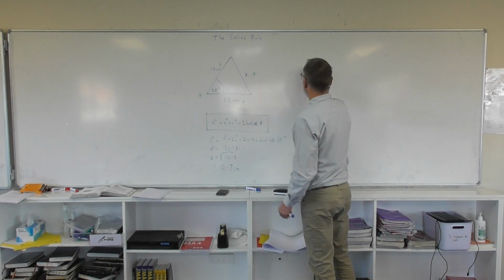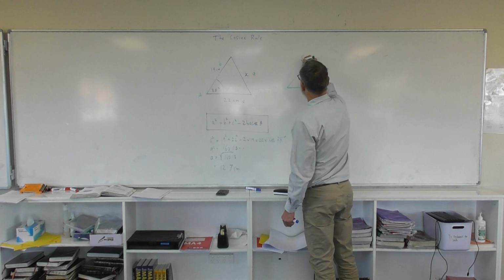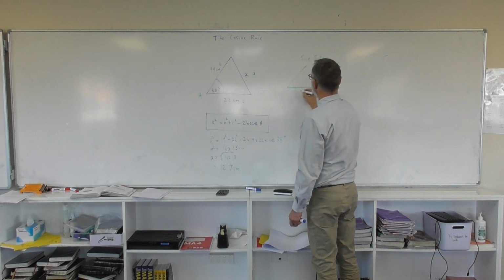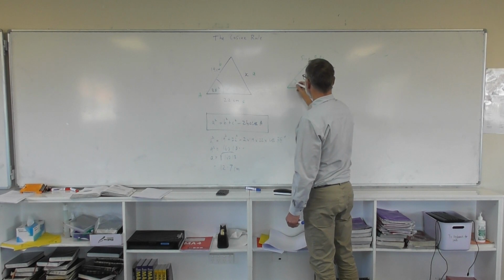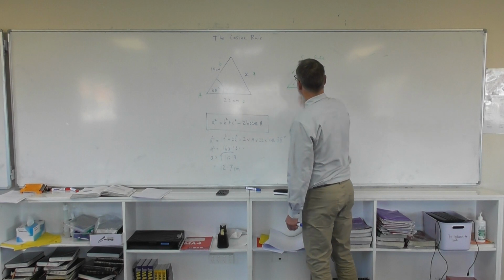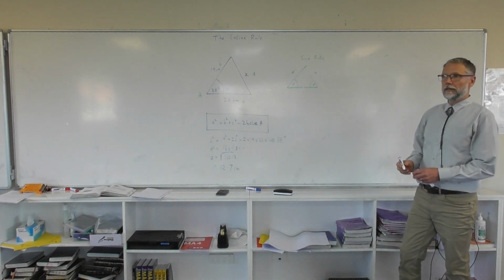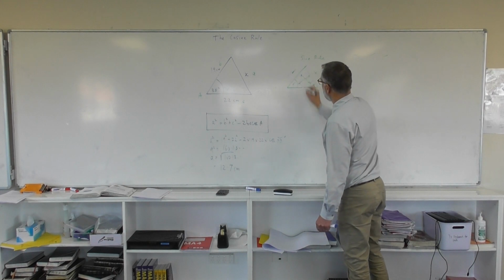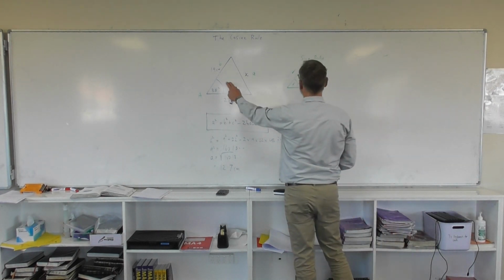So this is just a reminder again. If we have the sine rule, and I was trying to find that side, I'd have to have that angle, I have to have that angle, and I'd have to have that side to work that out, because remember we've got those opposite pairs. But as you've seen, that doesn't work.